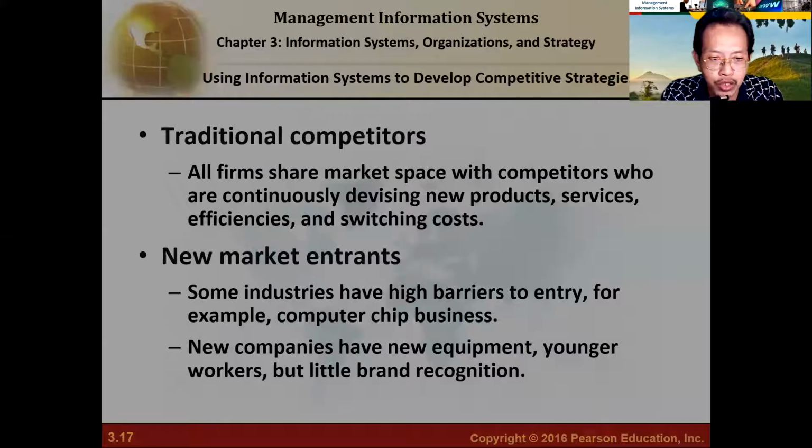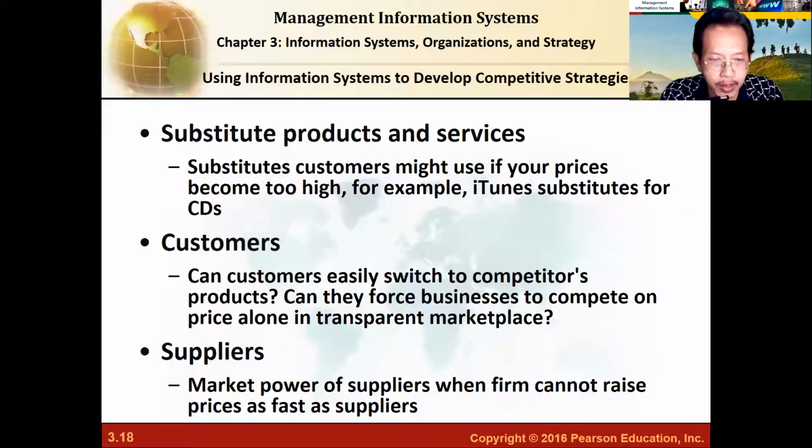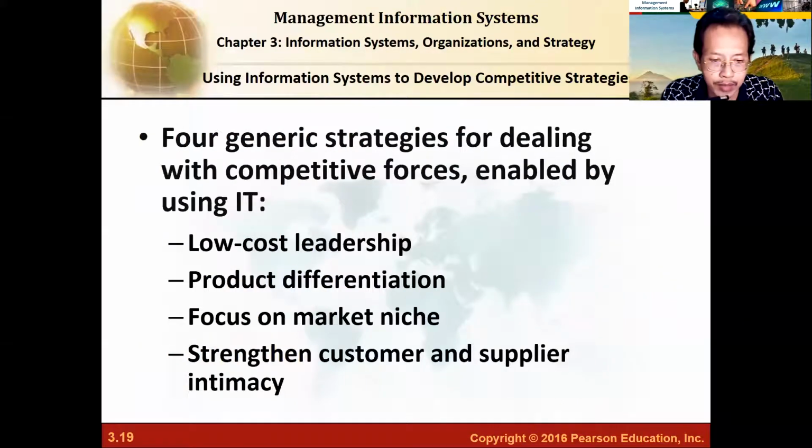Here's an explanation of those different parties that we have just mentioned. Now, from those competitive forces, the company would be able to figure out which strategy they would need to use in order to compete. It might be the low-cost strategy, meaning they would be offering lower cost than the competitors.